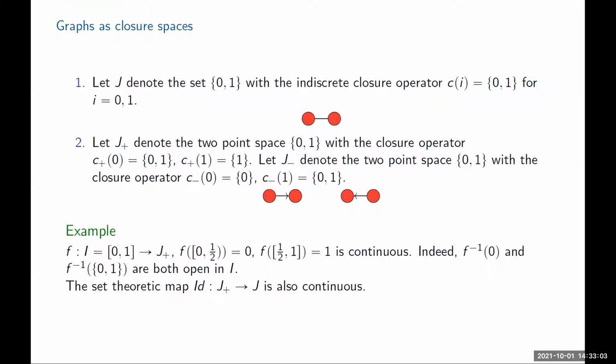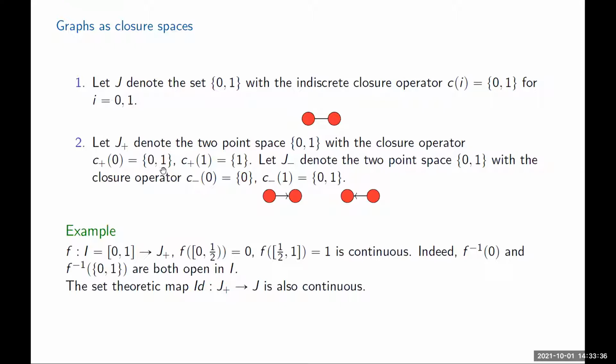And what's interesting here is that if you consider the standard unit interval, there's actually a continuous map, in the sense of closure spaces, or actually just topological spaces, from the unit interval into one of these graphs. I define everything strictly less than 1/2 to be mapped to 0, and I define everything above 1/2, including 1/2, to get mapped to 1. One thing to note is that these are topological spaces.